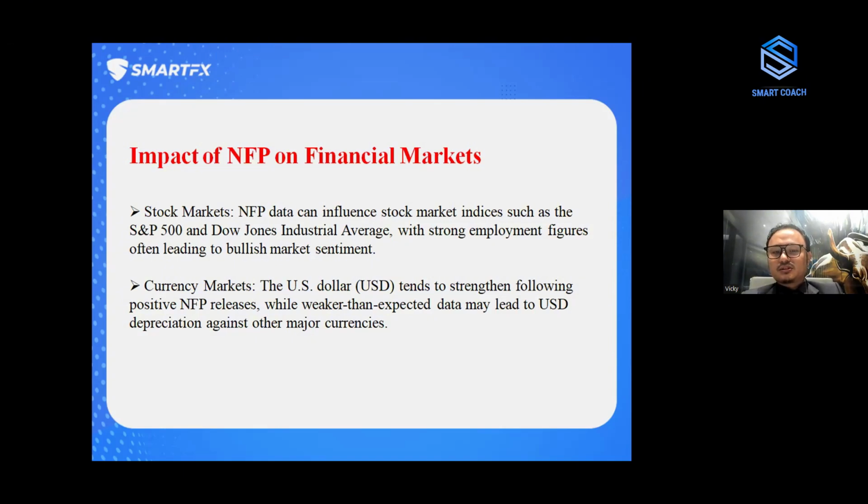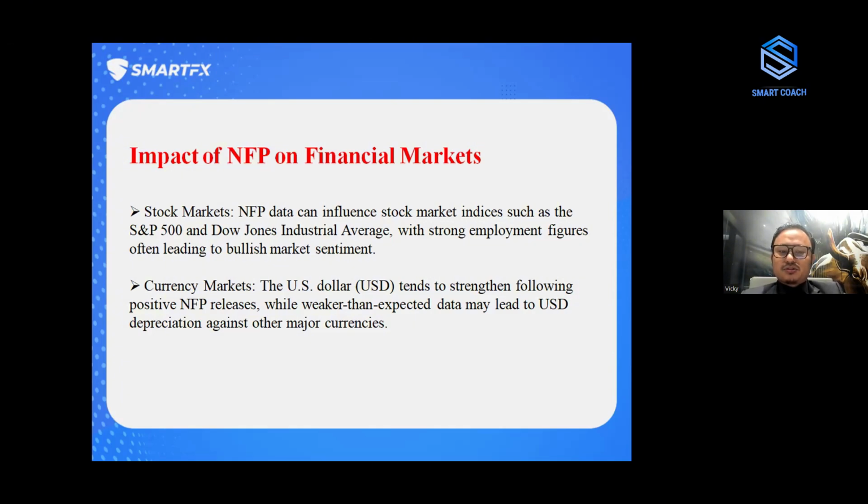What that means is, if the data says more people were hired in the previous month, then indices like the S&P 500, Dow Jones, and NASDAQ will go up, because when people are employed, they have more money at their disposal. They can invest in the stock market, and once they invest, the prices of shares go up. It's that simple.